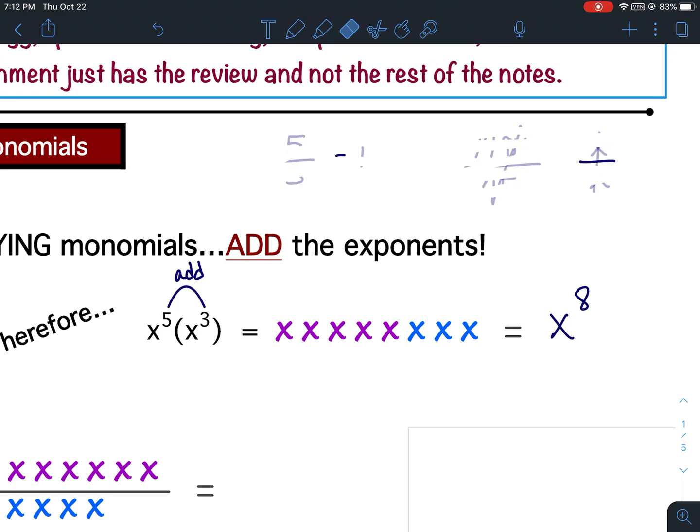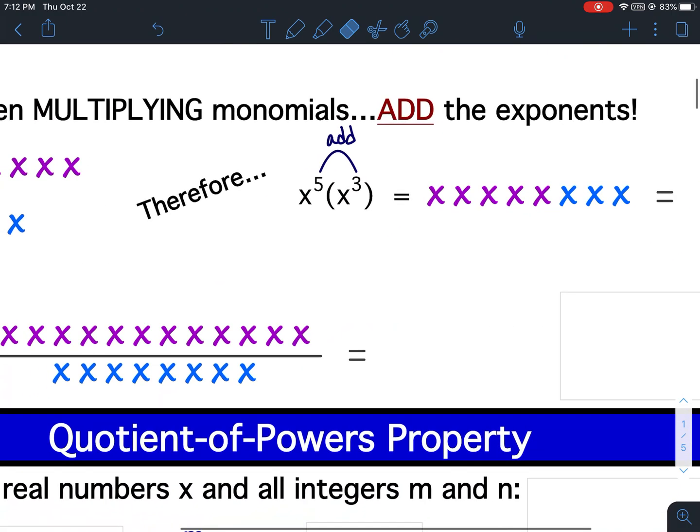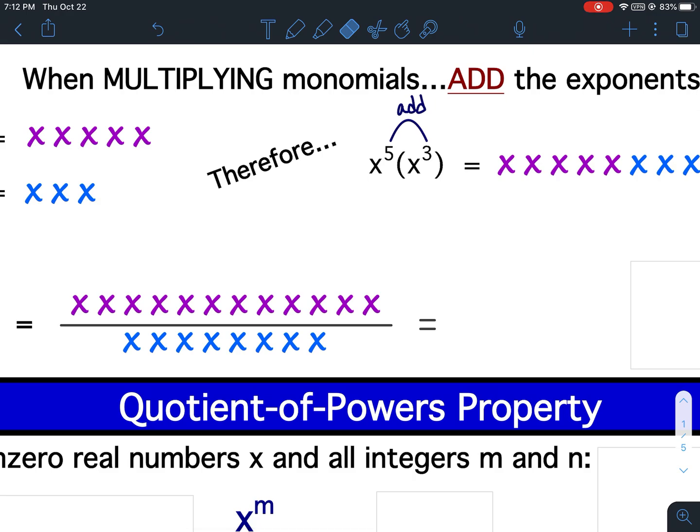So if I go back to our problem, where I've got 12 x's in the numerator and 8 x's in the denominator, for every x in the denominator, I can cancel with 1 in the numerator. So those x's would cancel.